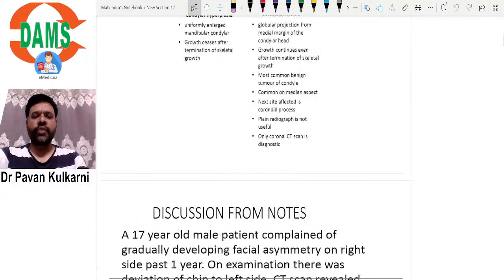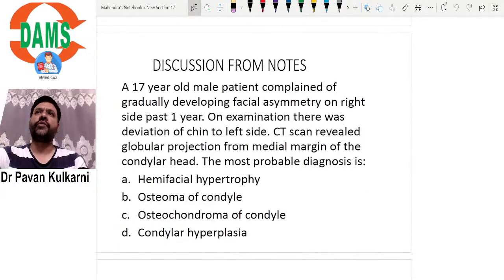It is almost identical: deviation of the chin to the left side, CT scan showing a globular projection from the condylar head, and that too a coronal CT. The correct answer is osteochondroma of the condyle.